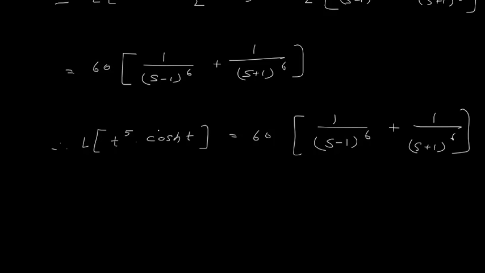So now let us move and solve few more problems. Okay, one problem I will take, which is you have to find Laplace transform of t into root of 1 plus sin t.